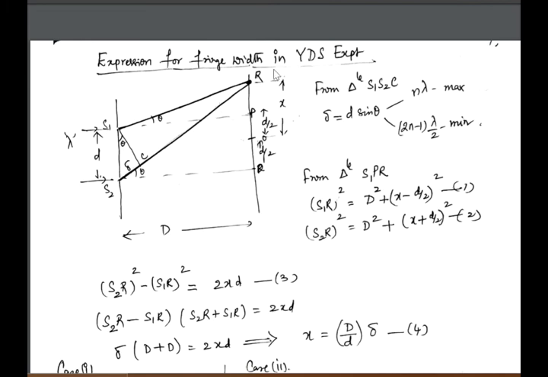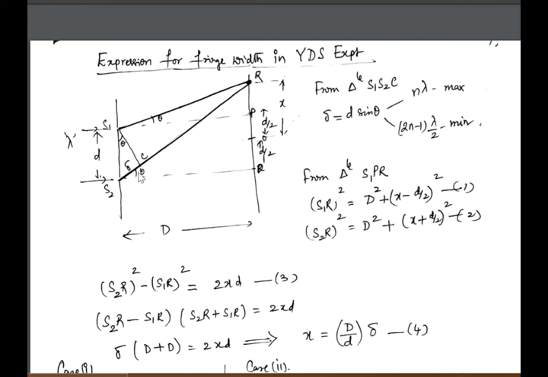So here S1R is the distance traveled by the first light wave in reaching point R on the screen. Similarly, S2R is the distance traveled by the second light wave emitted by the second source S2 in reaching point R. So from the figure it is clear that S2R is greater than S1R.